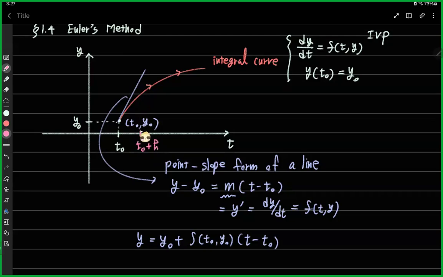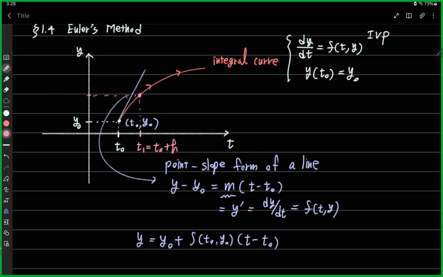We assume that we do not know the solution y, which means we do not know the integral curve. Let's say this is t1, which is t0 plus h. h is a small value, like 0.1 or 0.01.